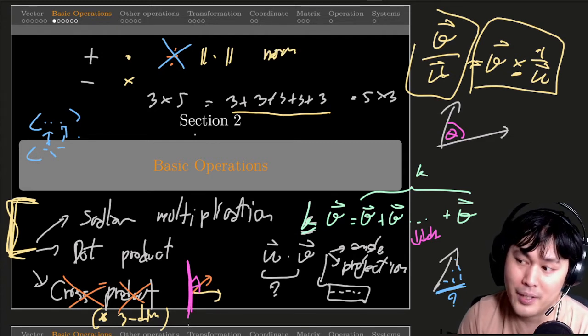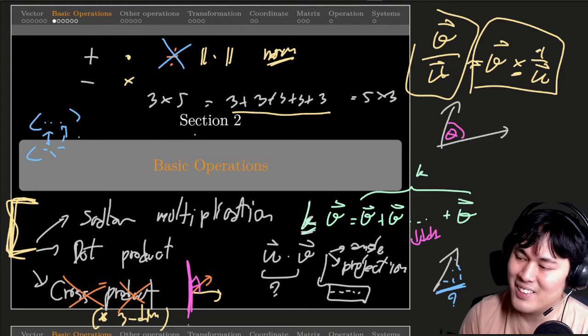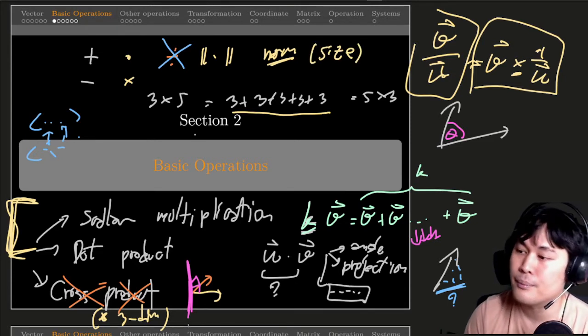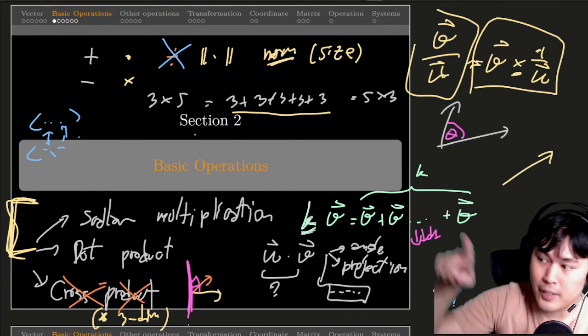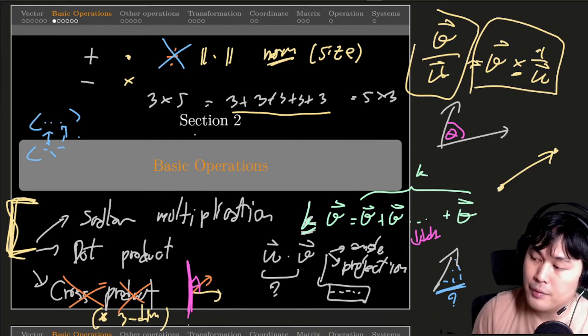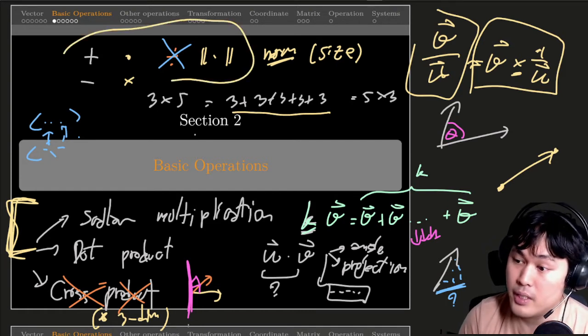The fancy word is the norm, which maybe I should not use at all. But what it does is it computes the size of the vector. Given a vector, you can find the size, or the magnitude, from the initial point to the terminal point. And so these are all we need.